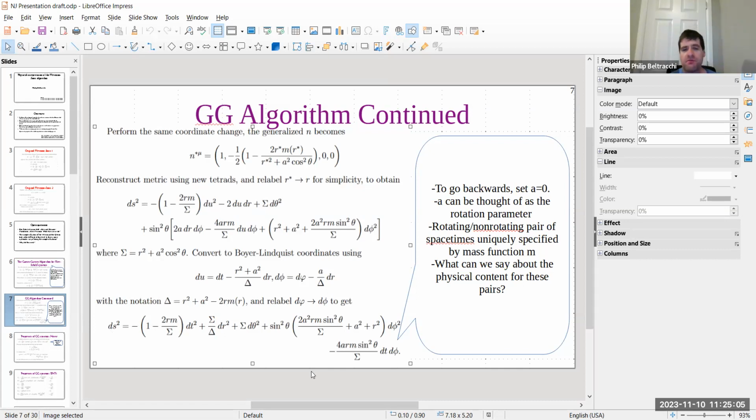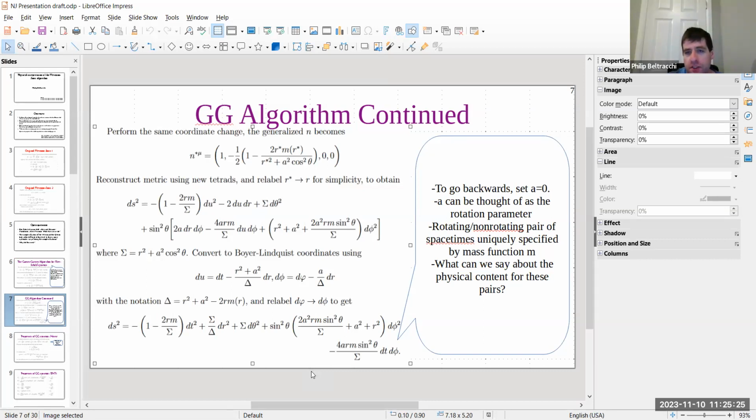This was something of an involved procedure because it involved a complex coordinate transformation and all of this set of vectors in order to go from the spherical case to the rotating case.